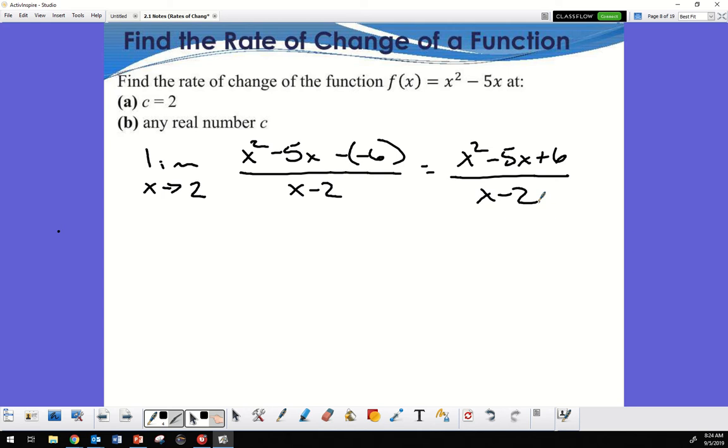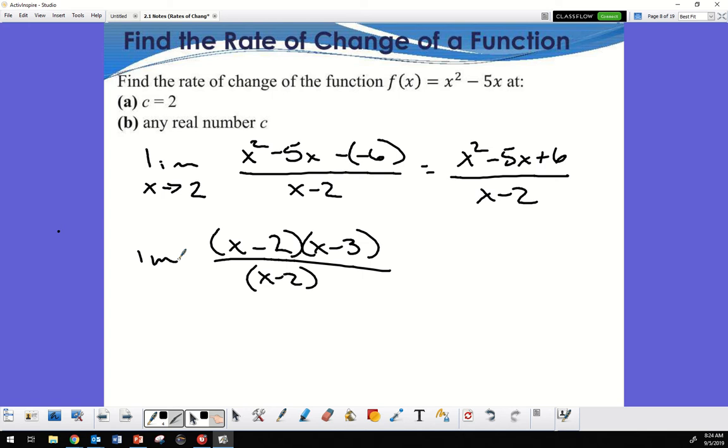It's going to be x minus 2 and x minus 3 over x minus 2, and we're still taking the limit as x approaches 2, and then that's going to go away, so we get x minus 3, which is the limit as x approaches 2 of that, which is negative 1.